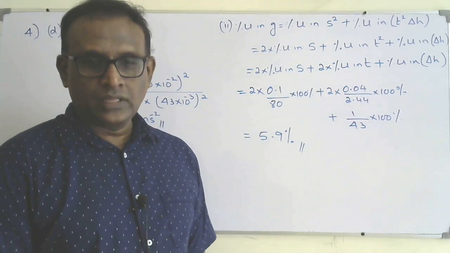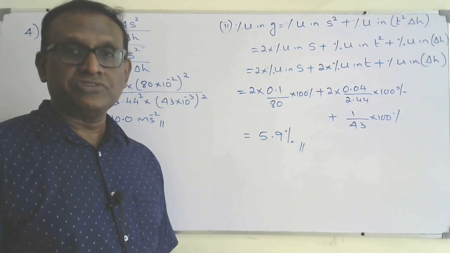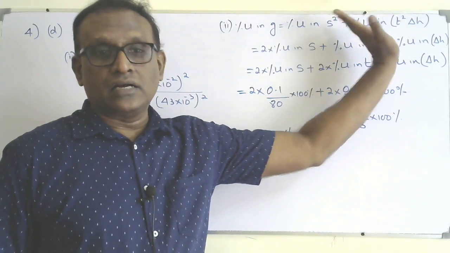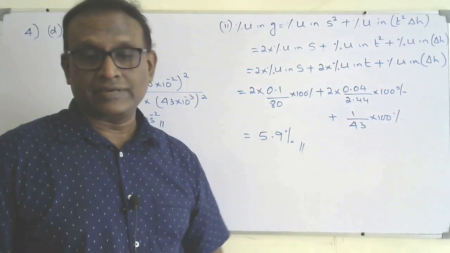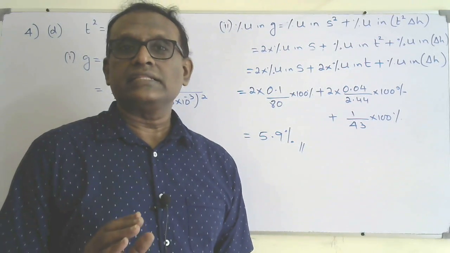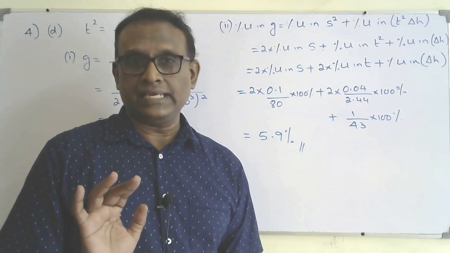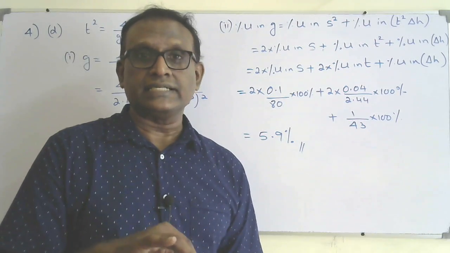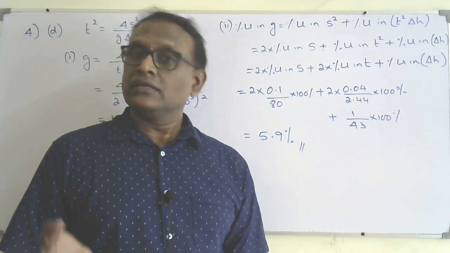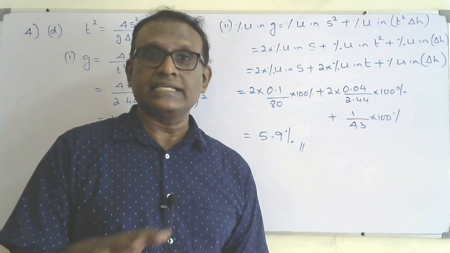Okay, if you have any difficulties or confusions in writing these things and finding the percentage answer, you can do the following method. There, I will find the maximum value of G by using the uncertainties given. I will find the minimum value of G by using the same uncertainties given.